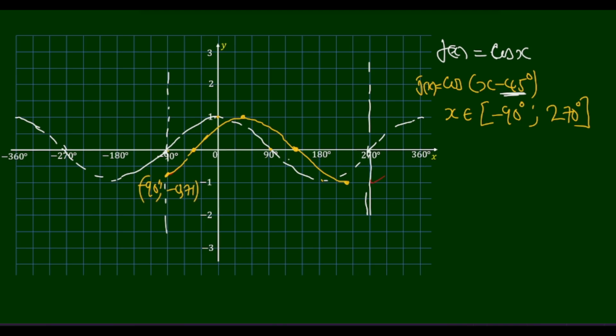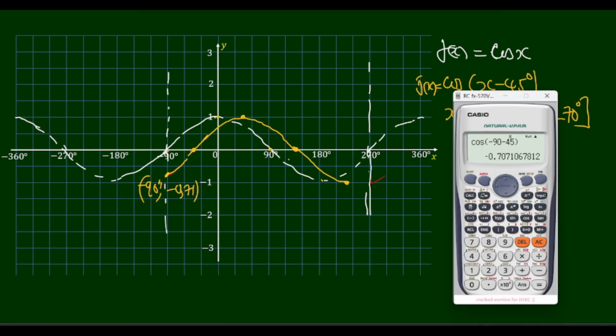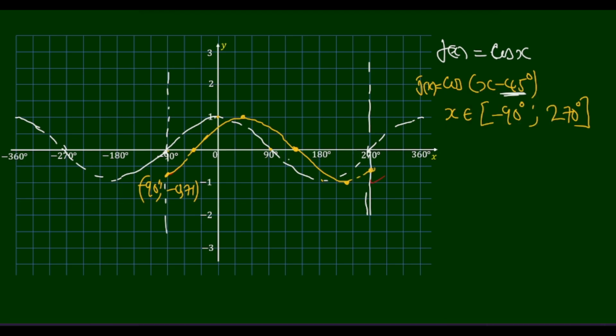And then we calculate also this side. Where there is x, we put 270. Let's go back to our calculator. It's going to be 270 minus 45. Then we get almost the same, negative 0.71. Same value like that. So it means it's here. It's going to be 270 degrees and then negative 0.71. Always indicate the endpoints. That's how you can sketch the cosine graph.